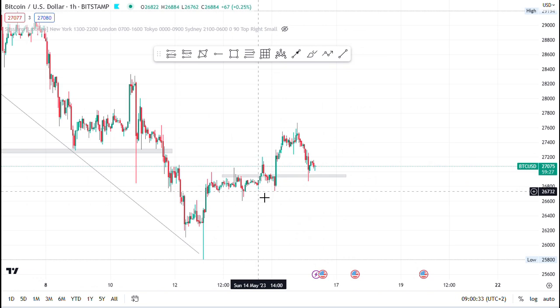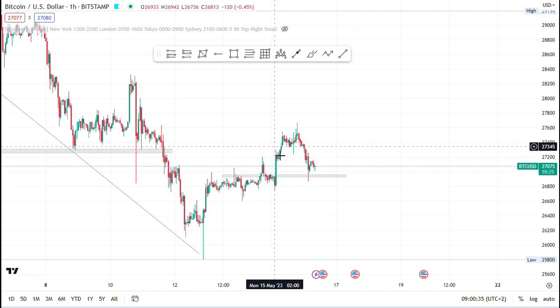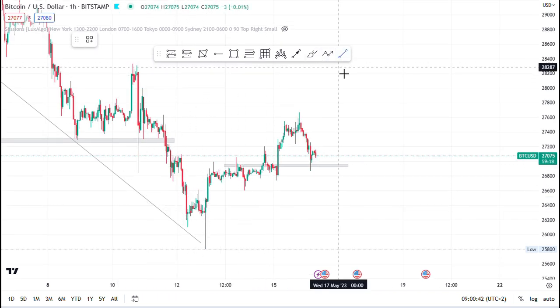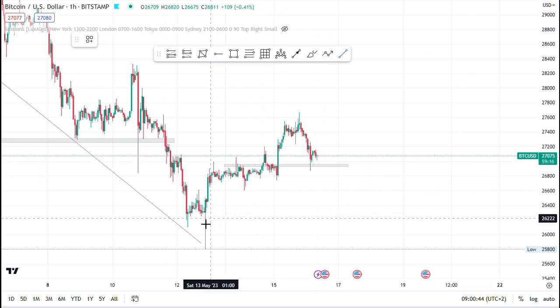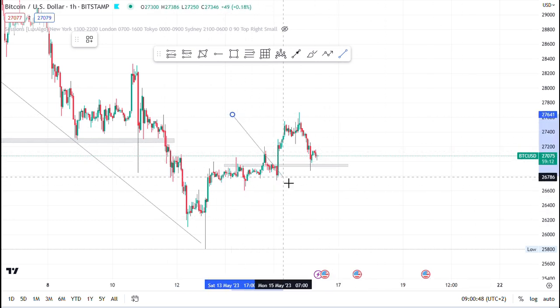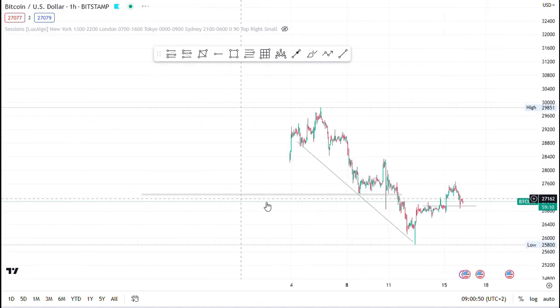So looking at this, we can see that we broke impulsively to the upside. We broke our previous high impulsively to the upside. So let me just do this real quick.